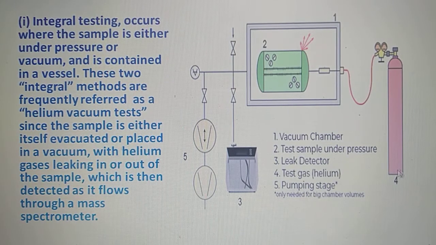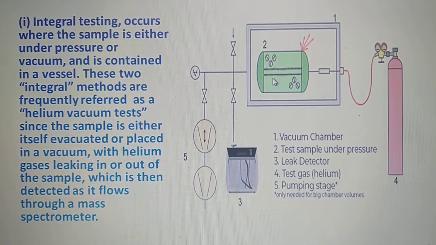This is helium gas, number 4, called the test gas. And this is the vacuum chamber, number 1. Number 2 is the tank where you want to produce the vacuum. It is called the test sample under pressure.